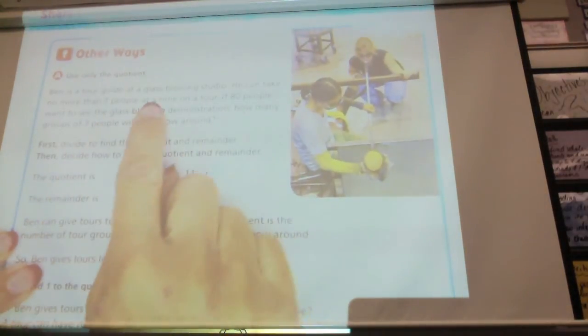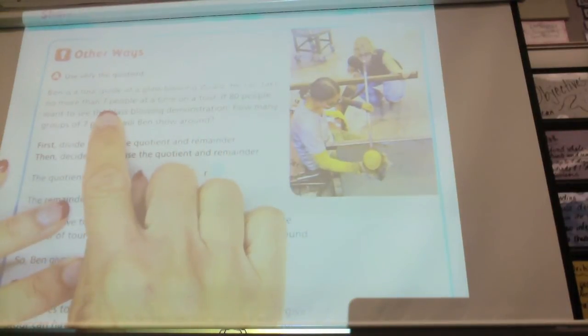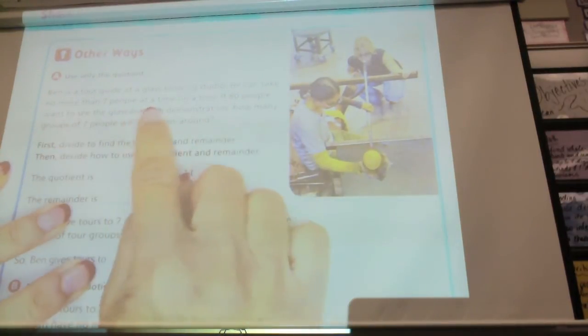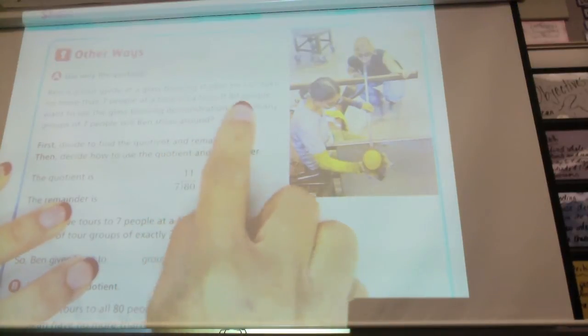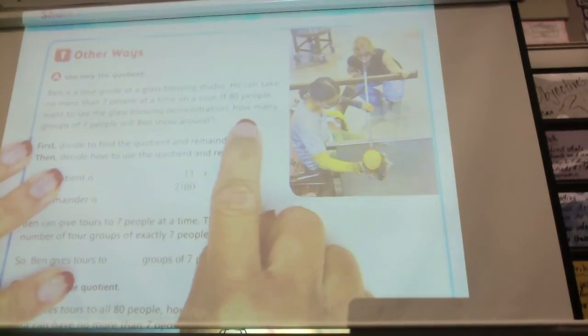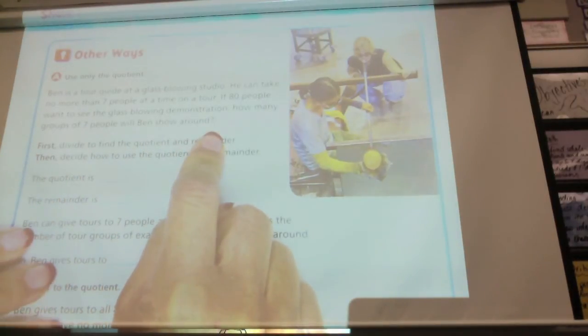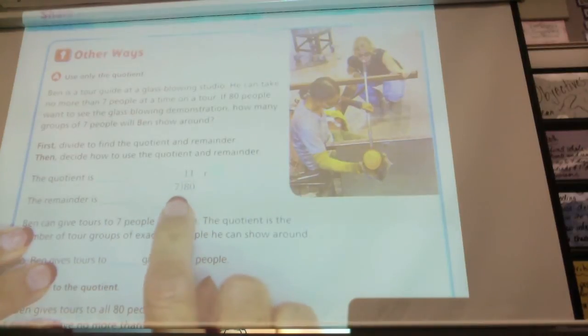Ben is a tour guide at a glass blowing studio. He can take no more than 7 people at a time on a tour. If 80 people want to go see the glass blowing demonstration, how many groups of 7 will Ben show around? So first we're going to divide. 80 divided by 7.